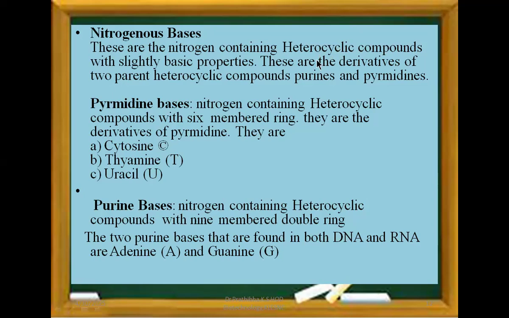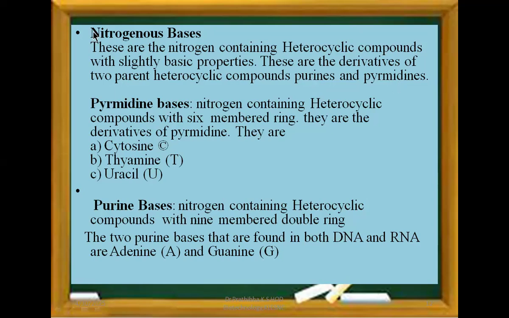Because other than carbon atoms, there is the presence of other atoms. Not only carbon, nitrogen is also there. That's why heterocyclic. And what are these nitrogenous bases? Basically, these are the derivatives of the 2 parent heterocyclic compounds, purines and pyrimidines.